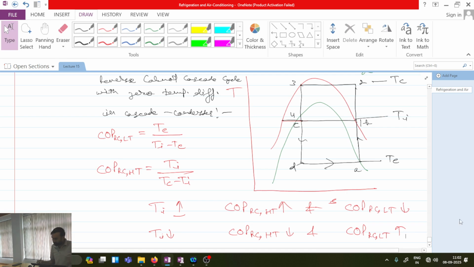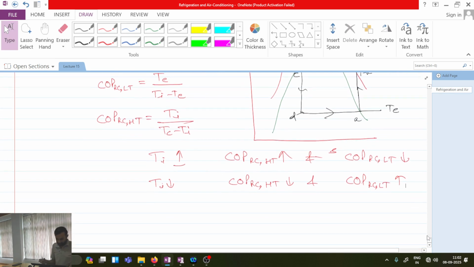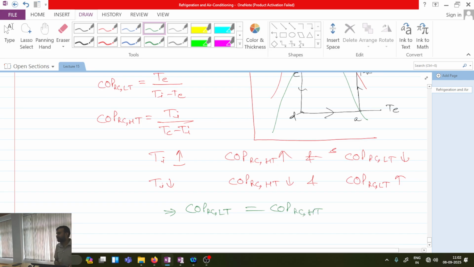So let me equate both the COPs. For the ideal situation, COP of RCLT should be equal to COP of RCHT. You equate it. Now you see what you will be getting.